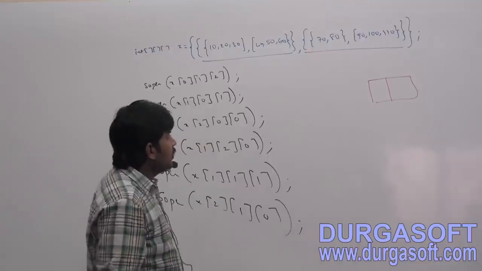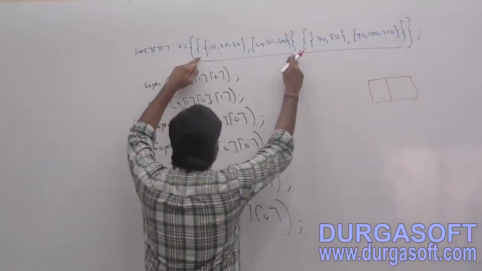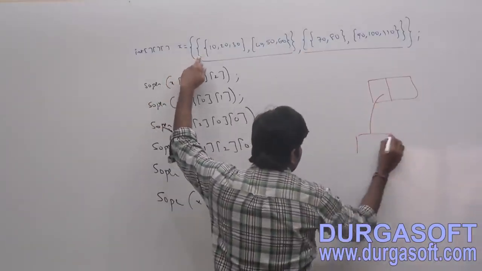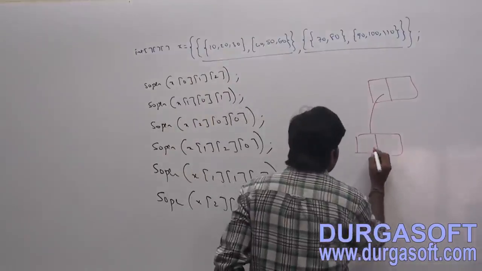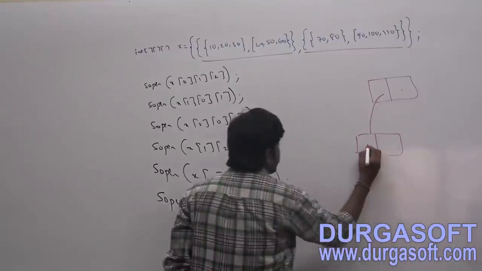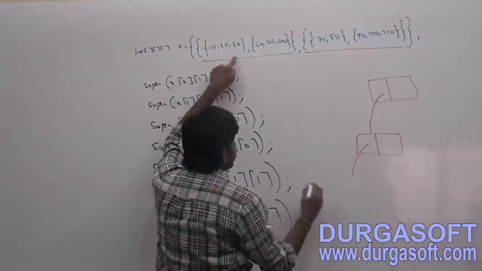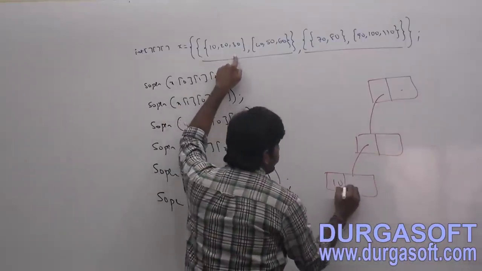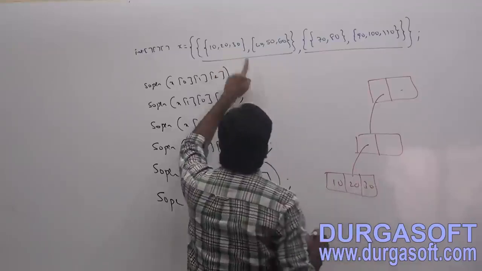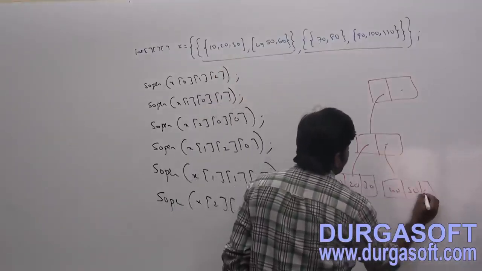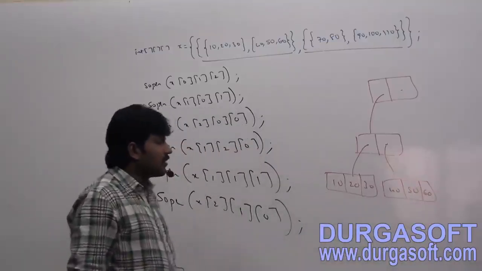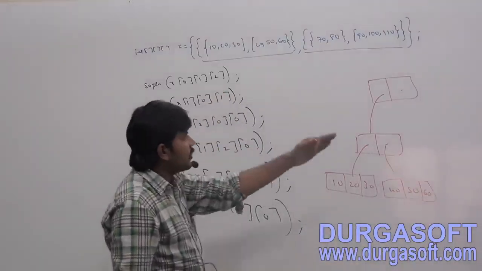The first is a 2-dimensional array, once again base size 2. In the first one, a 1-dimensional array with 10, 20, 30. Here this one also is a 1-dimensional array with 40, 50, 60. Same for the next one also.